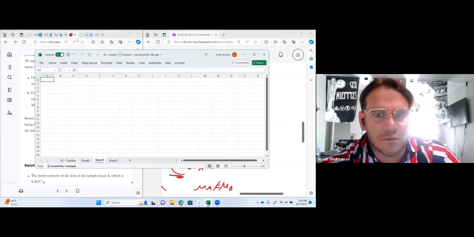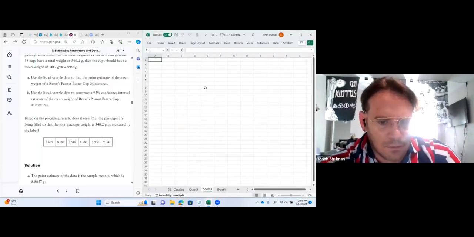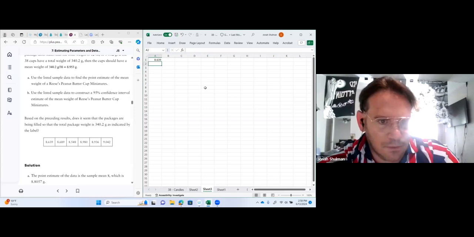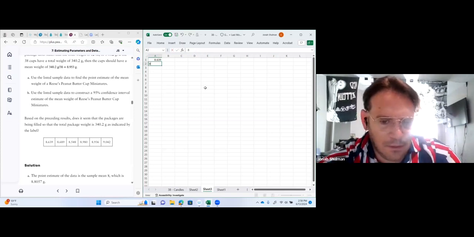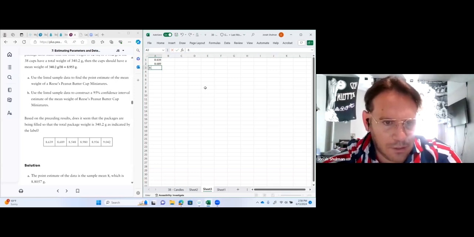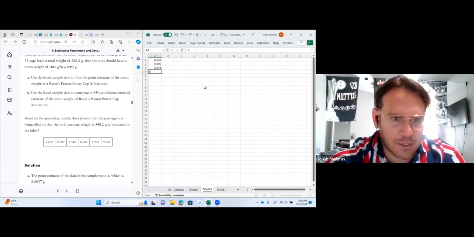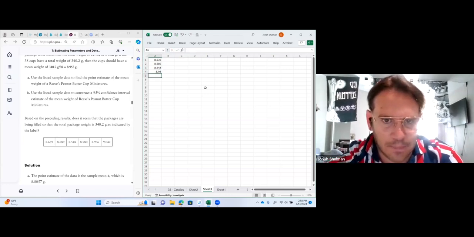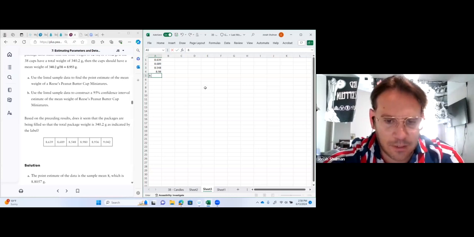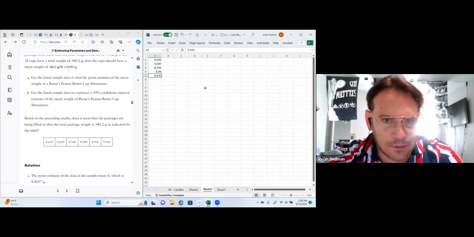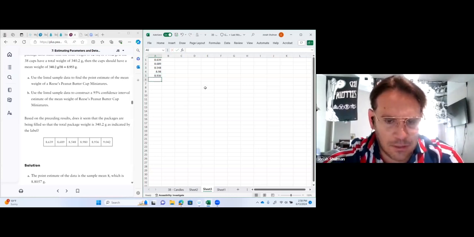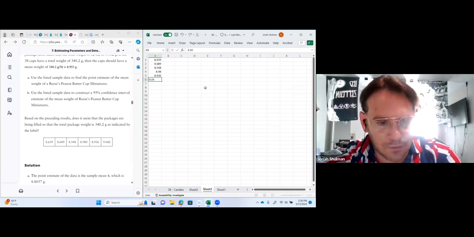Let's get a new sheet going. 8.639, 8.689, 8.548, 8.980, 8.936, and 9.042.